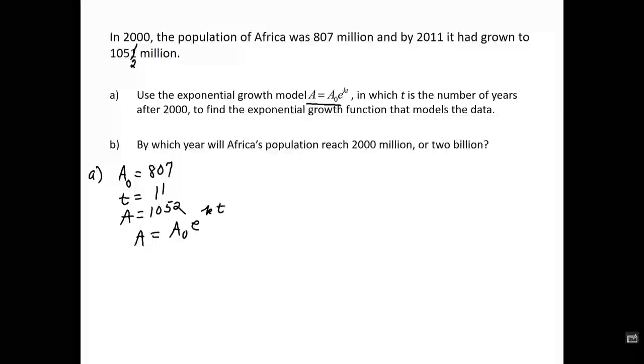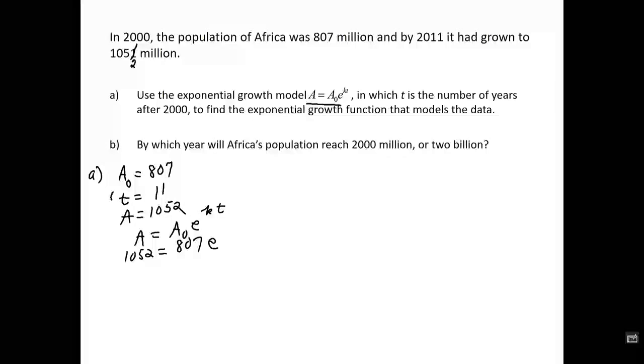Let's substitute what we know. The amount is 1052. A sub 0, the original population, is given to be 807 million. And this is e to the kt.